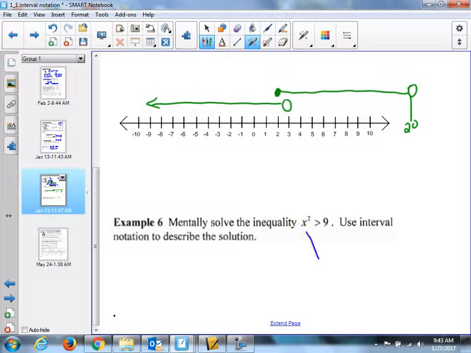Which one works in this equation? I can't say you're wrong, because there are smaller numbers that do work. But what are we thinking here? X squared is greater than 9. So would 4 squared be greater than 9? Yep. Whereas 2 squared wouldn't.